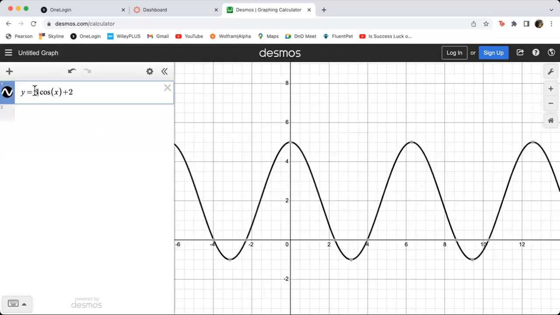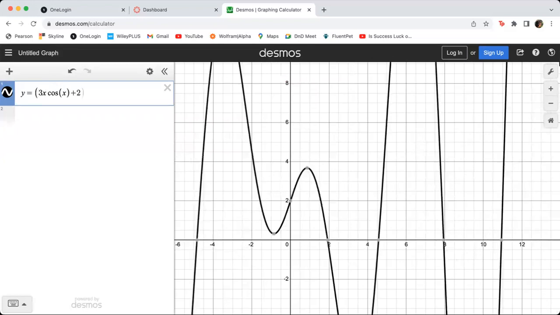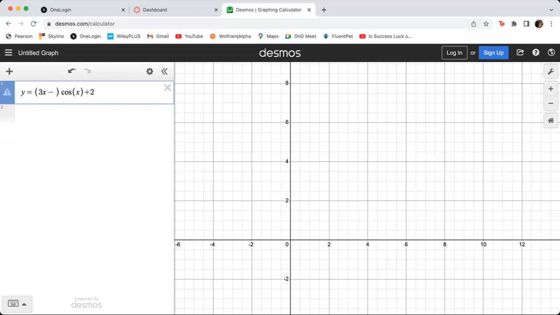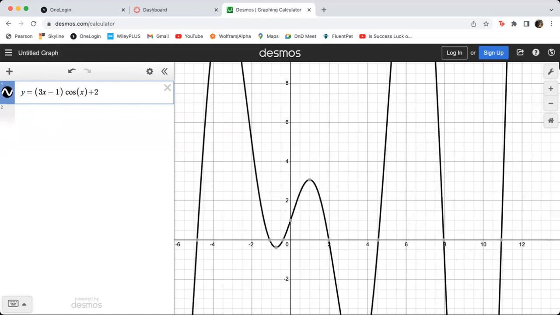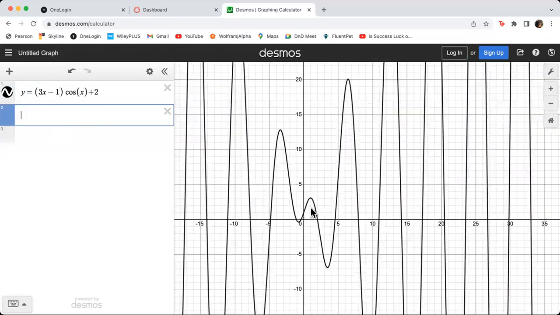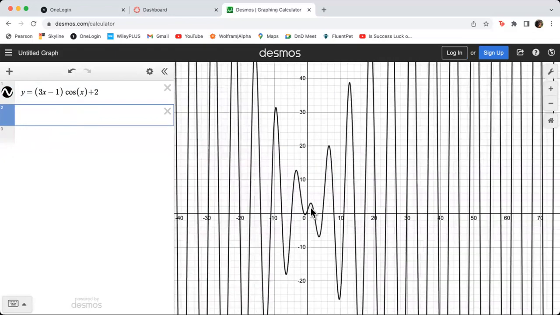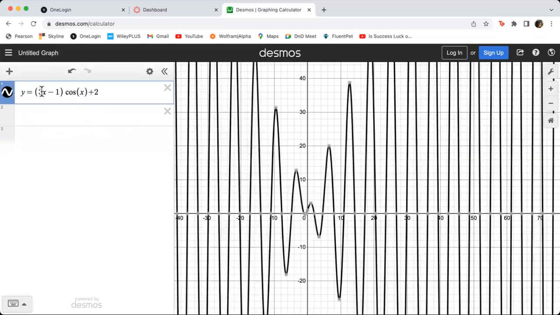Now let's change my amplitude to a function. Is this going to do what I want it to do? I think I made things too big. Oh, I made it increasing.